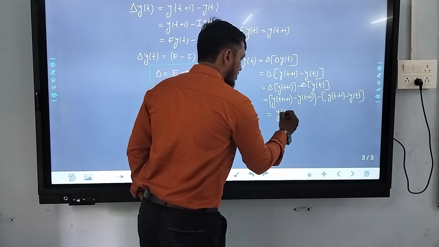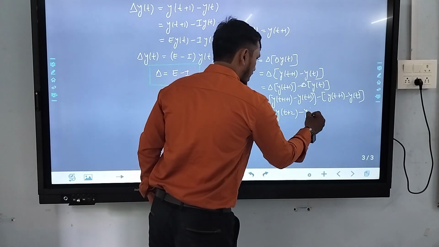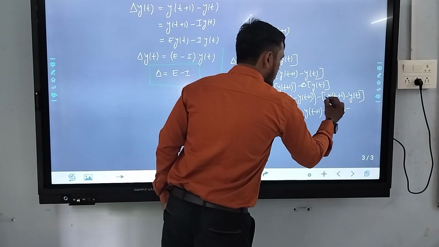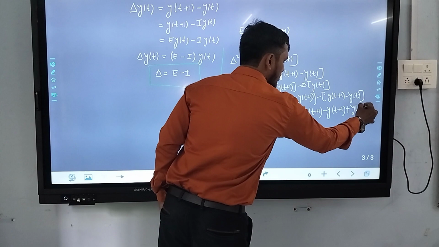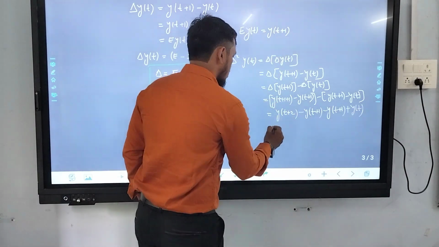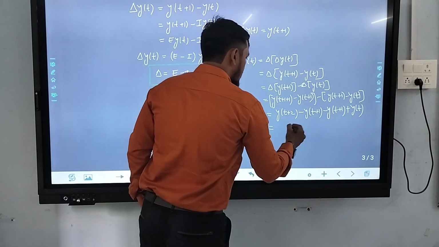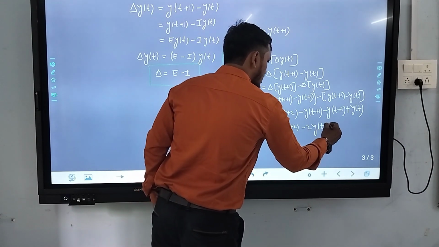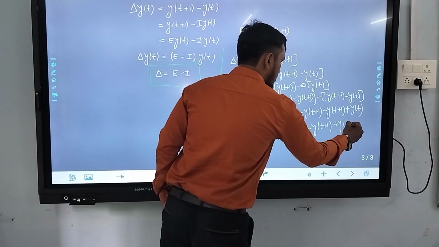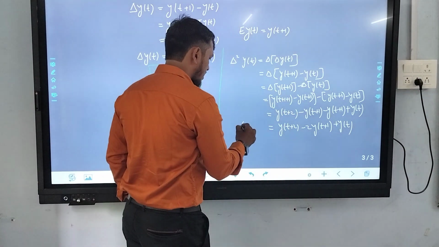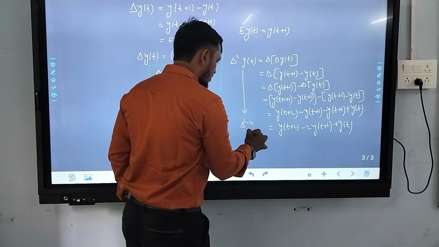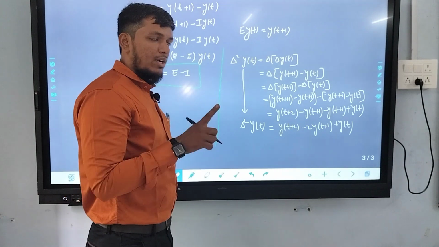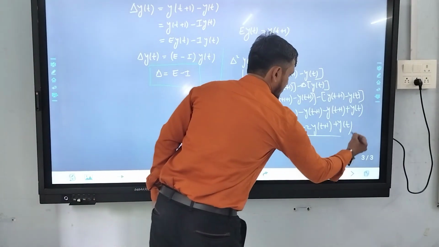So this can be written as y of t plus 2 minus y of t plus 1 minus y of t plus 1, and this minus becomes plus y of t. After further simplification we get y of t plus 2 minus 2 times y of t plus 1 plus y of t. On the left hand side the term is delta square y of t. So when the second order difference operator operates on y of t, we get this.